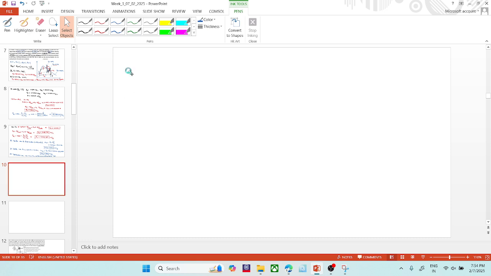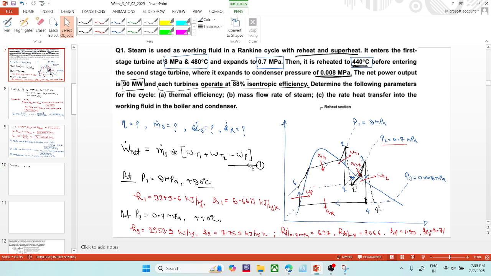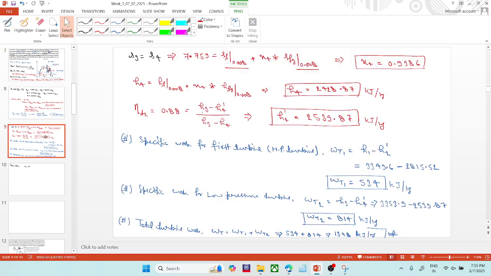Now the next thing is to determine the pump work. We know that specific pump work would be specific volume at point 5, which we have determined here.